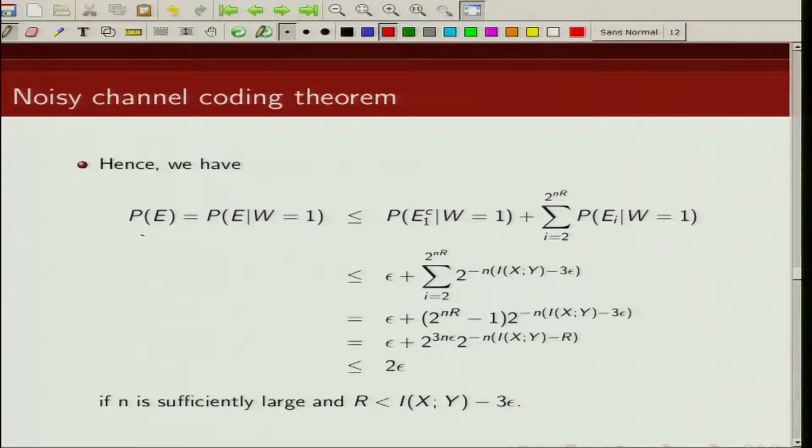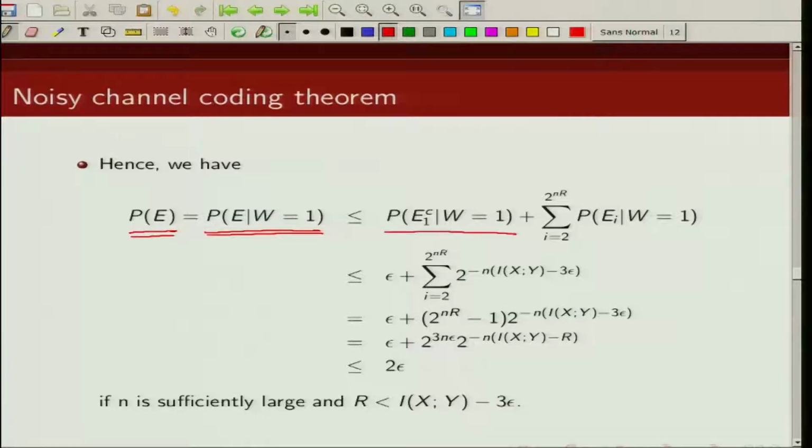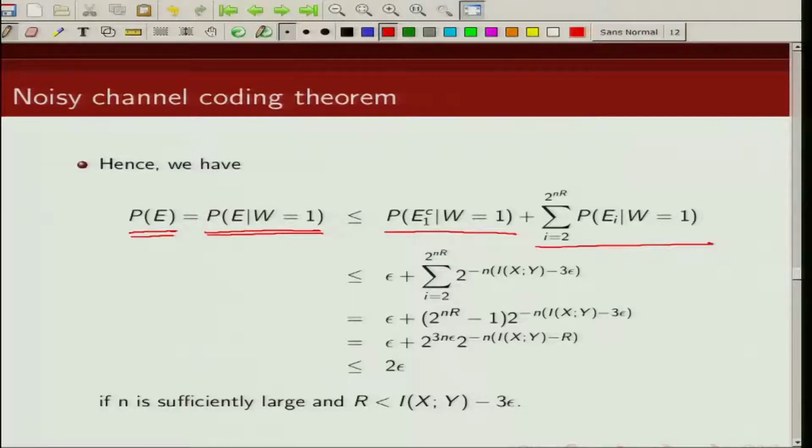So then we can compute the probability of error. As we said, it is independent of what index we have sent, because of the symmetry of code construction. It is upper bounded, as we have shown, by the probability of the complement of event E1 happening given index 1 was sent, plus this probability.